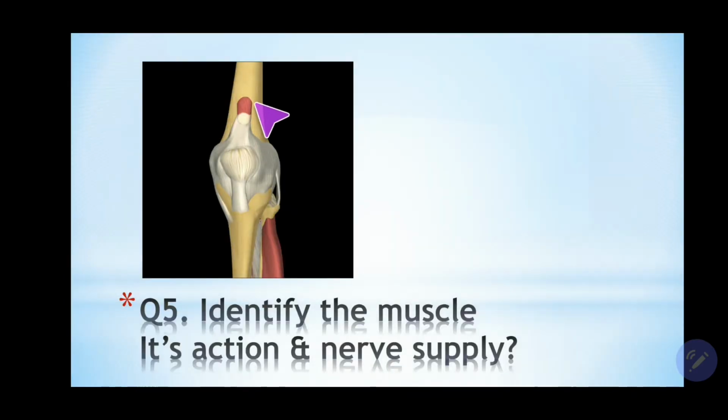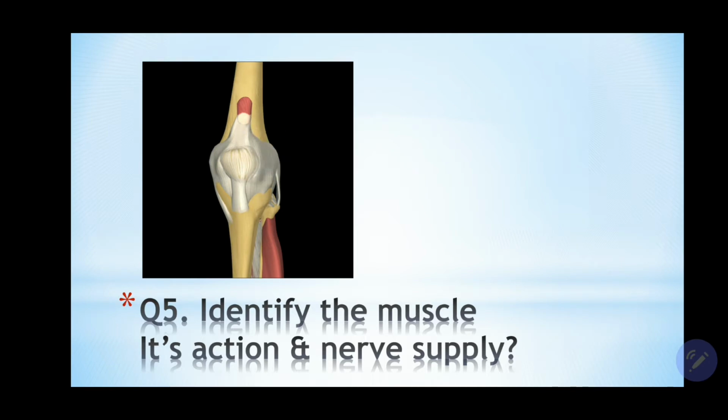Okay, so here we are talking about the thigh, not the leg. This is a small muscle here, called Articularis genu. It takes origin from the anterior surface of the lower quarter of the femur, and this short muscle is attached to the suprapatellar bursa.